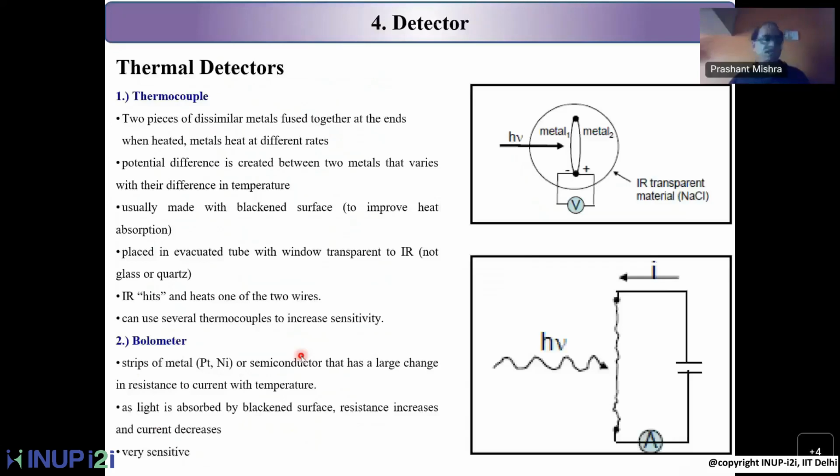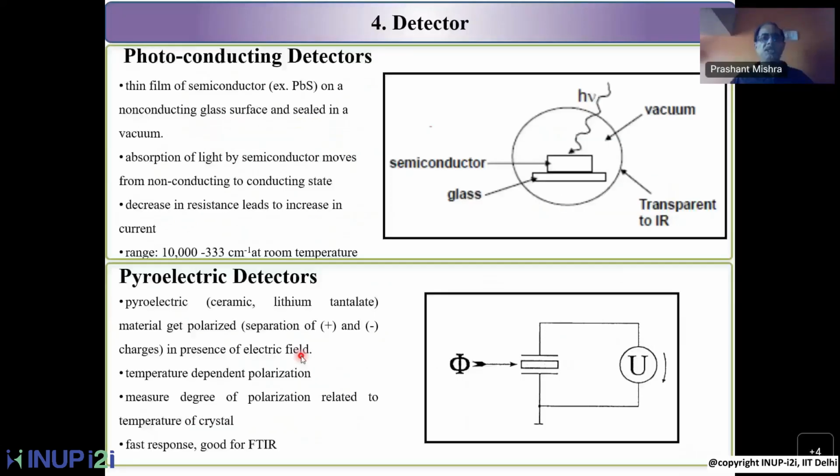Now, coming to the detector. I'm talking about the instrument where you have learned about what could be the light source, and now we are going to talk about the detector. Detector could be thermocouple, bolometer. So there are different types of detectors. I will just focus on those detectors which are commonly used in current day IR spectrometers. For example, photoconducting detector, pyroelectric detector.